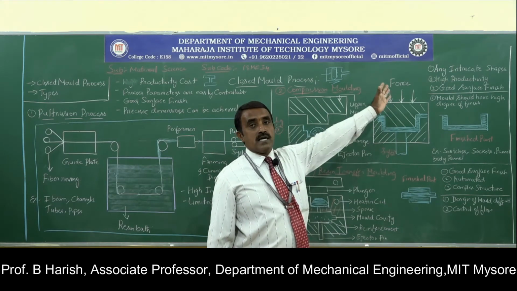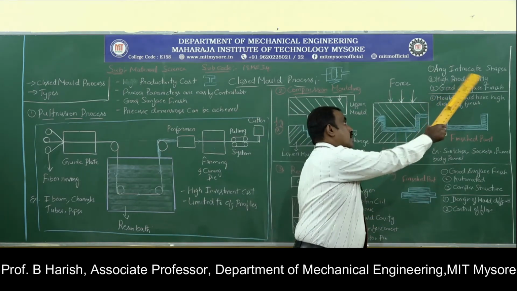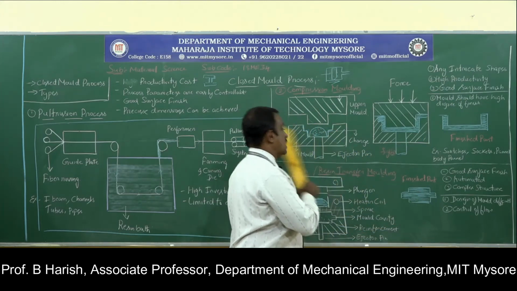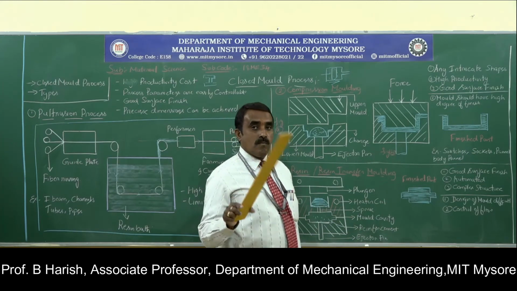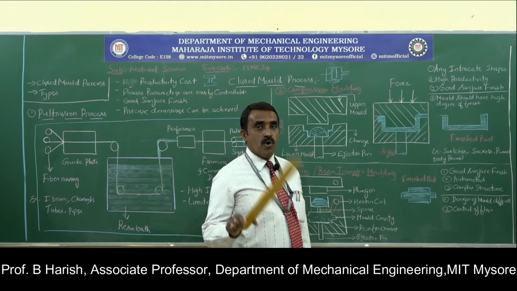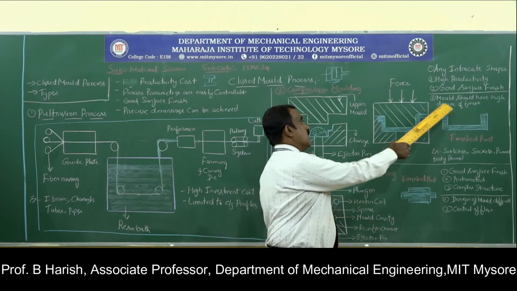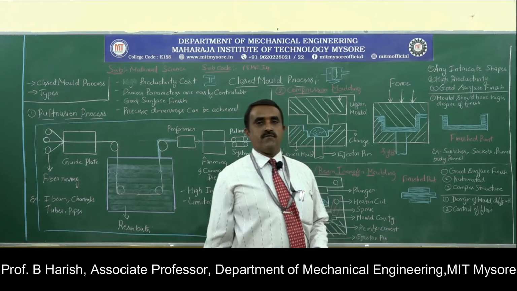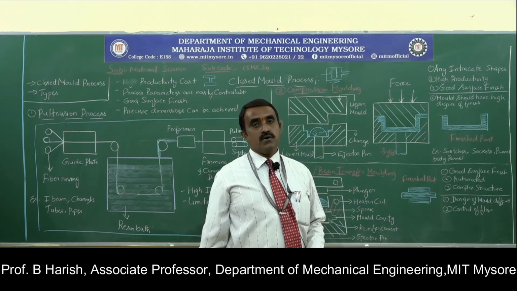The advantage is that I can get any intricate shape. But if you want any intricate shape, I should have a mold of that particular shape. Manufacturing or producing a mold of that intricate shape is once again a very difficult task, where precision should be taken care of.